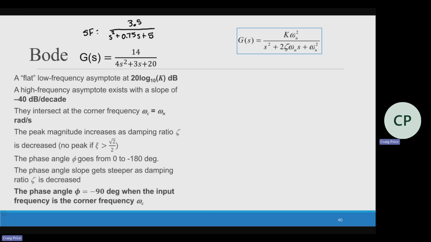Couple of things. So natural frequency is square root of 5. And then we can figure out the damping ratio once I have that value.